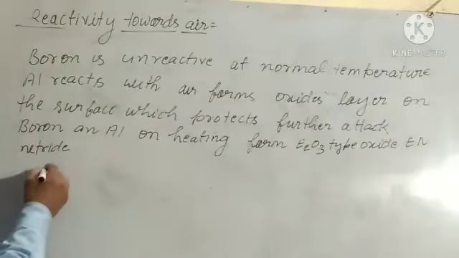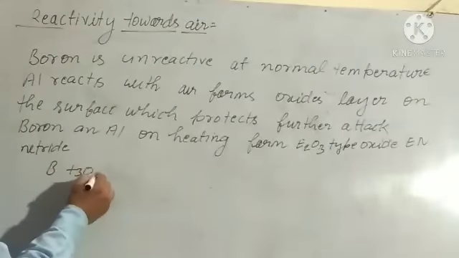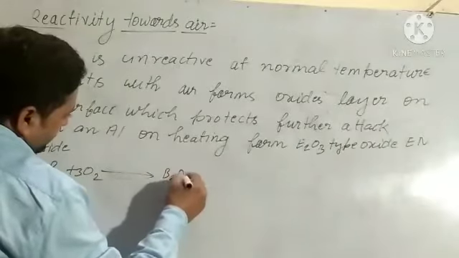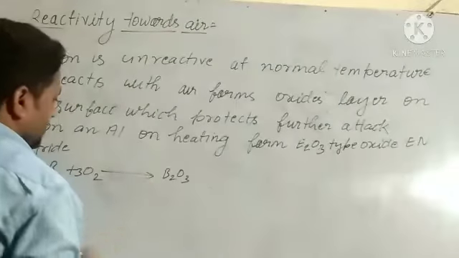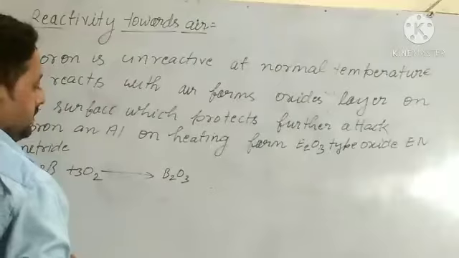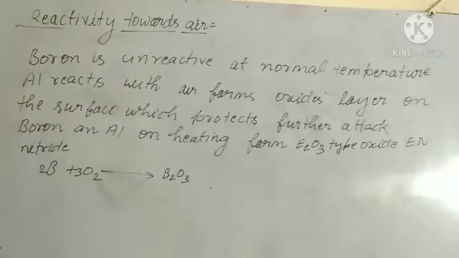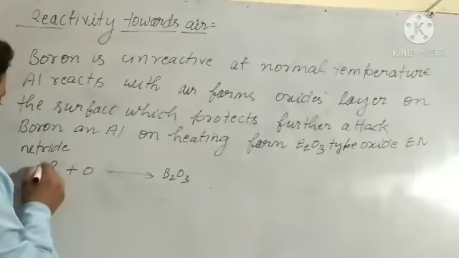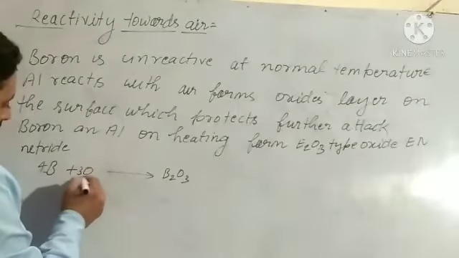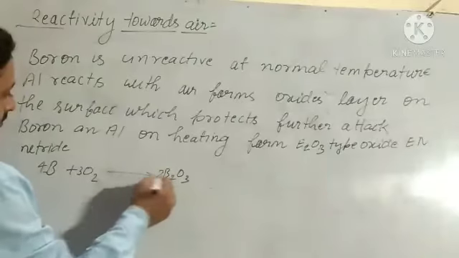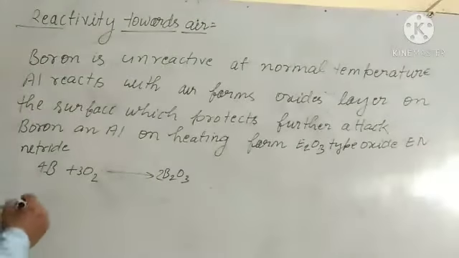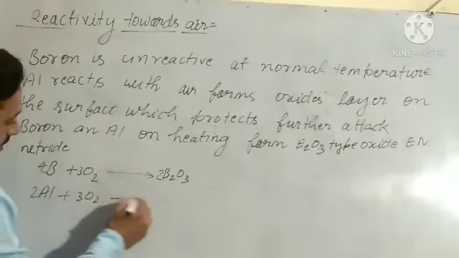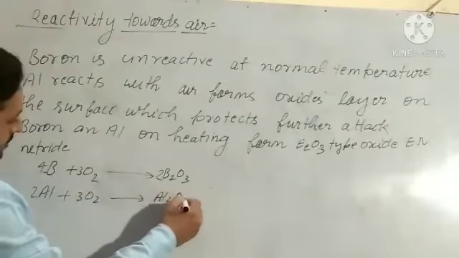Like this, B plus O2 forms B2O3, and aluminium reacts with 3O2 and forms Al2O3.